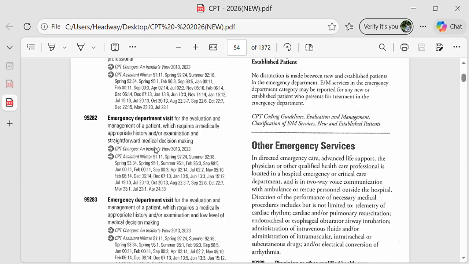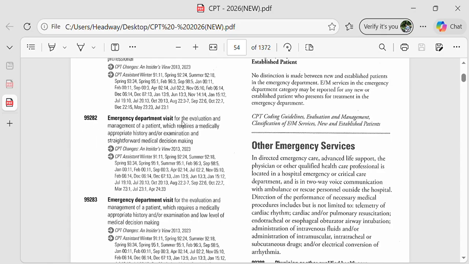Straightforward means nothing serious: the patient came to the hospital just for wound cleaning, stitches removal, or, like we told you before, slight rashes. All these are simple things, and nothing is there to meet either COPA or data or risk. So in that scenario this code is suitable, 99282.